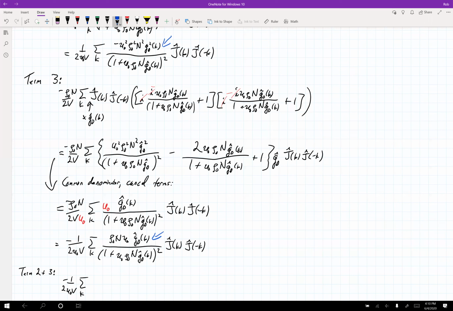Actually, no, I'm sorry. 1 plus the same factor because both of them are carrying a minus sign, right?